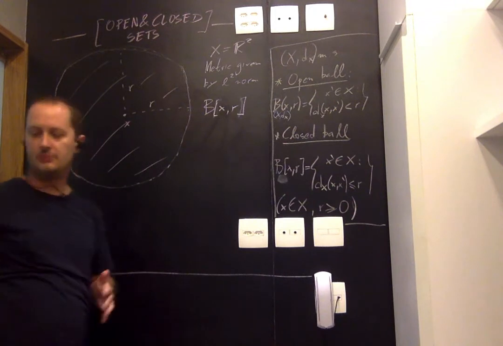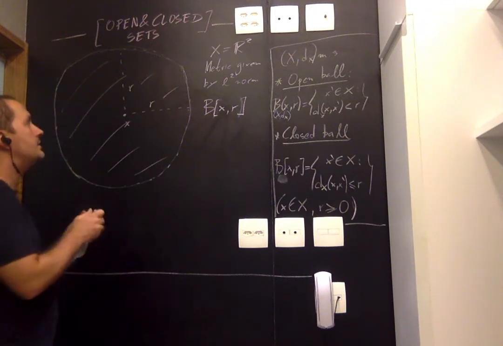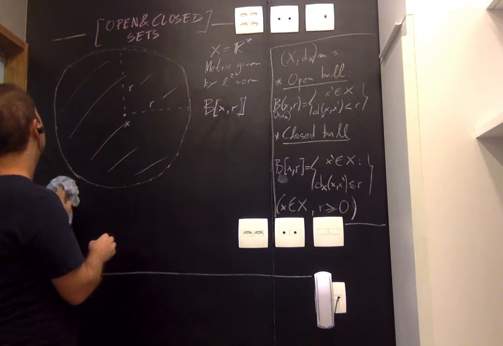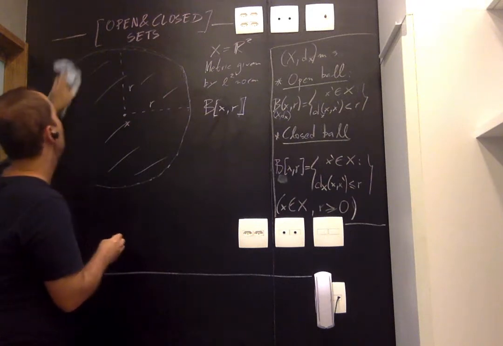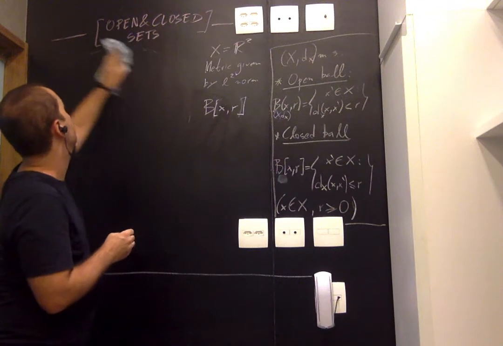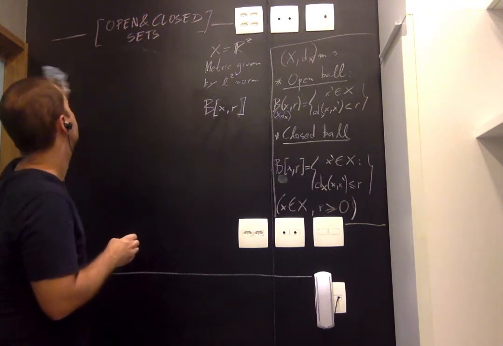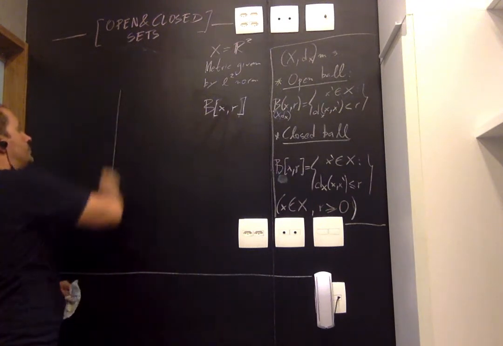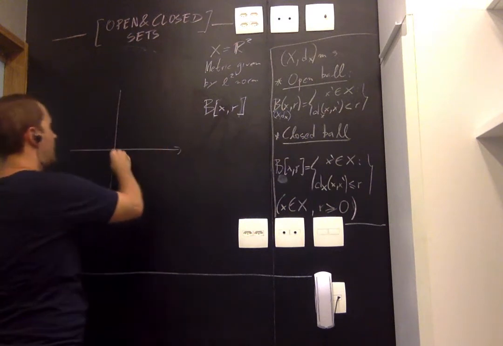So far so good. Let me notice that the shape of the ball depends strongly on which metric or norm I pick. Let me draw something traditional. Here I have the plane R2.